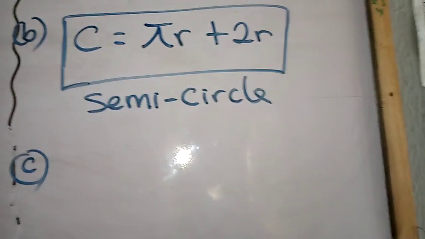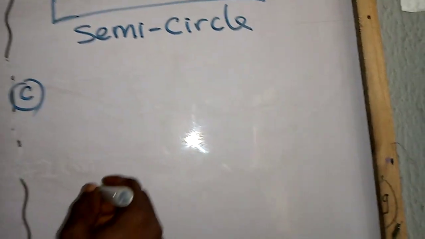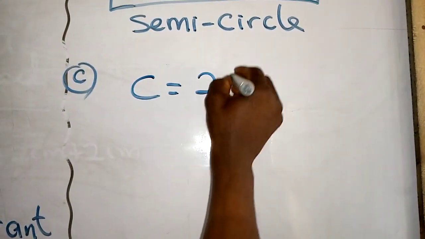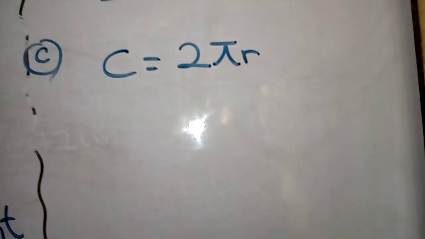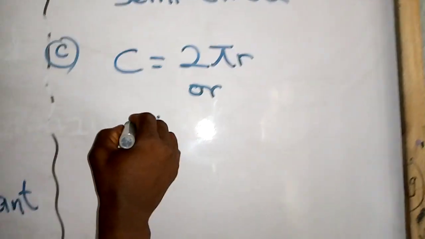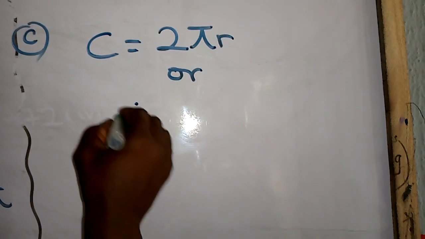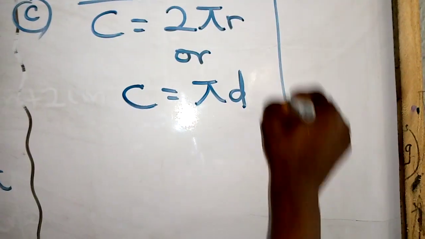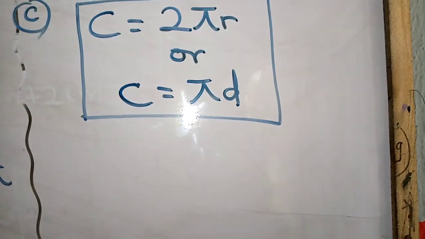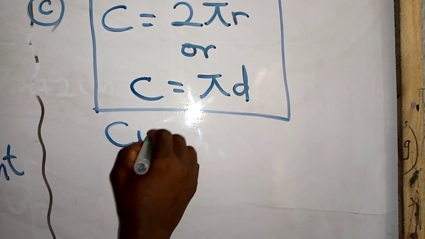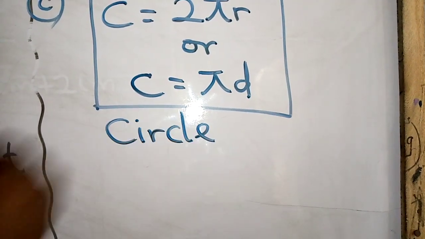Then this one we have 2 pi r, or your circumference is equal to pi d. This is for a circle, the circumference of a circle.